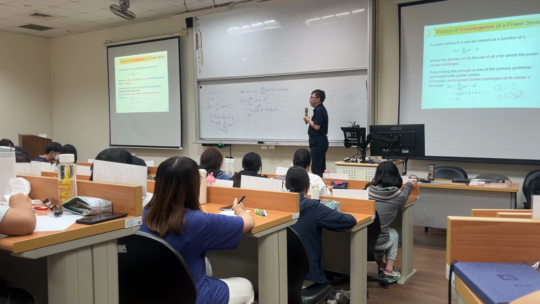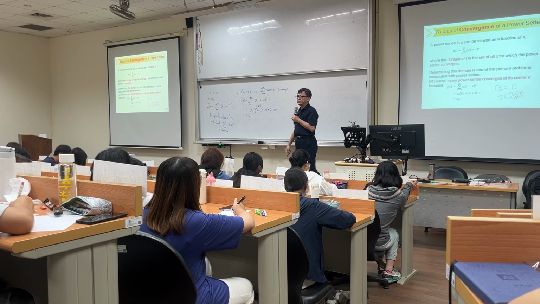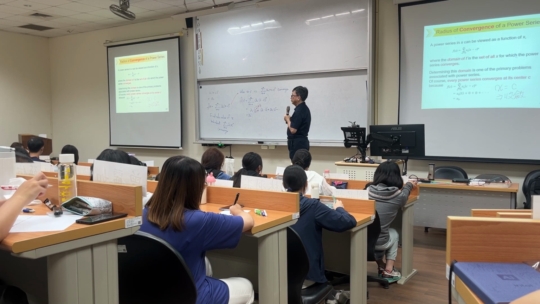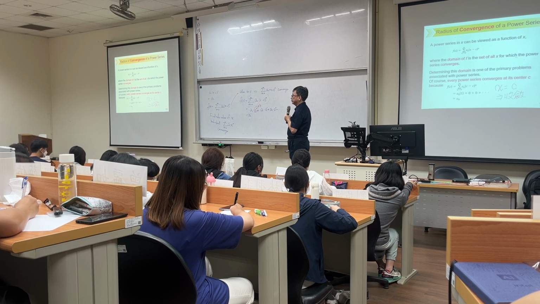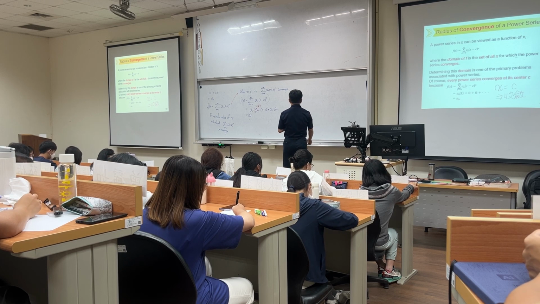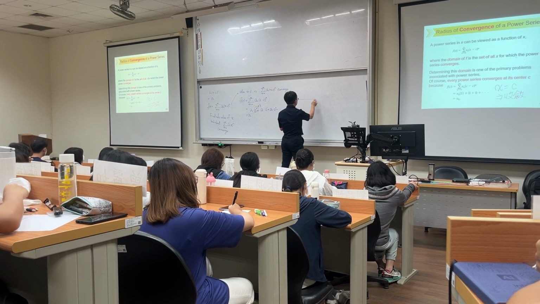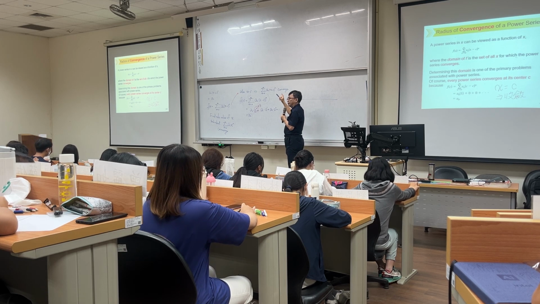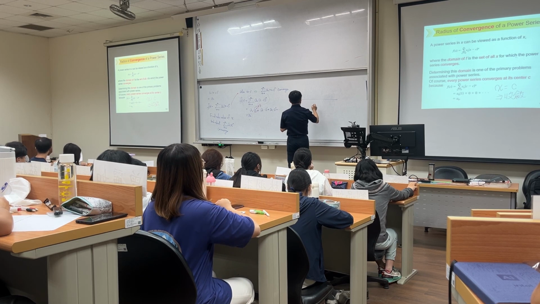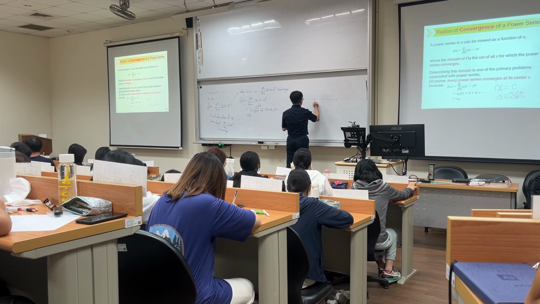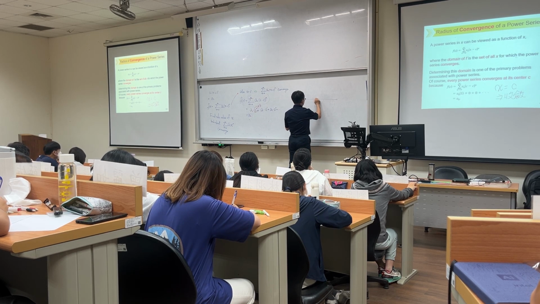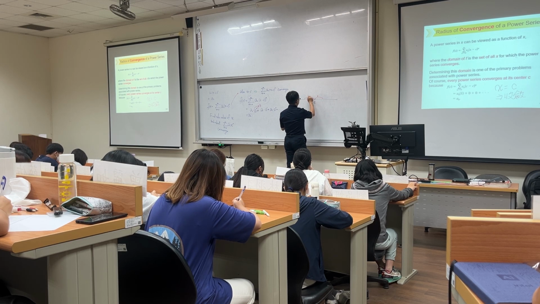So what's the radius of convergence? We know that x equal to c makes the series converge. So c is here, and now we are finding the radius, which will be R here and R there.